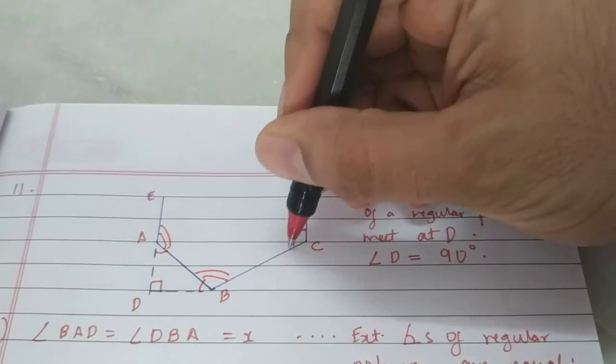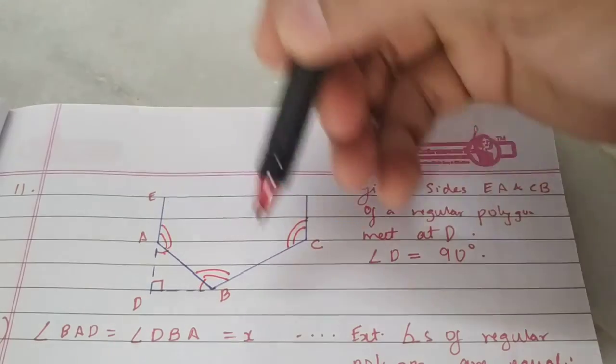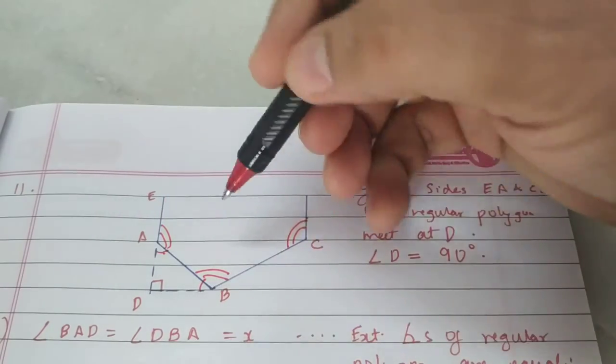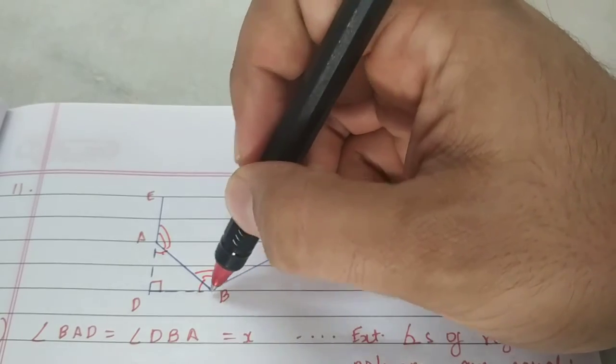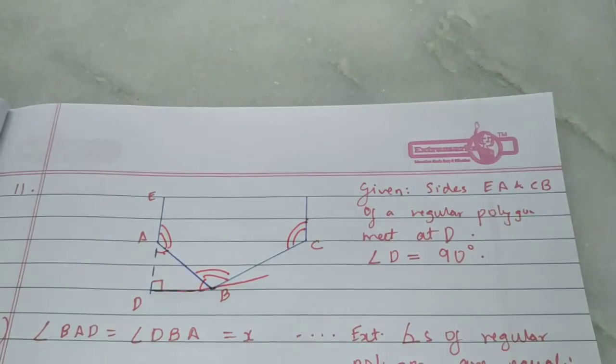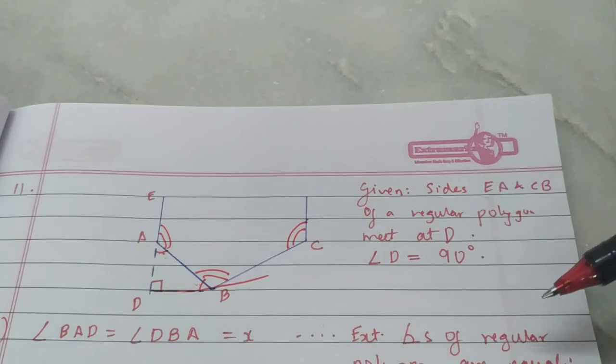Even they are equal, of course. And this is called exterior angle, which is a linear pair with the interior angle. This actually, the diagram is not perfect. This should have been a straight line like this. You draw it properly. So the exterior angles are also equal because it's a regular polygon.